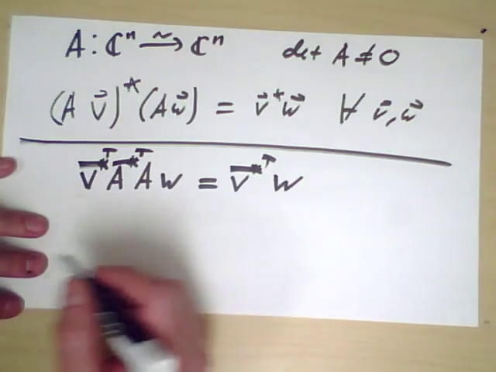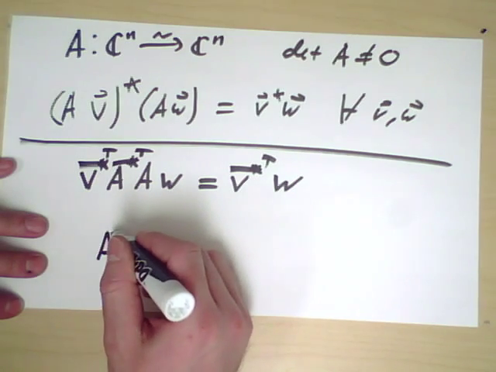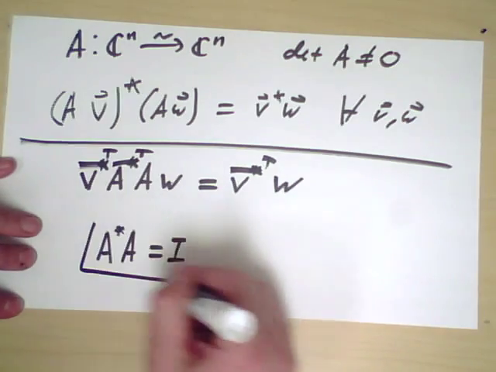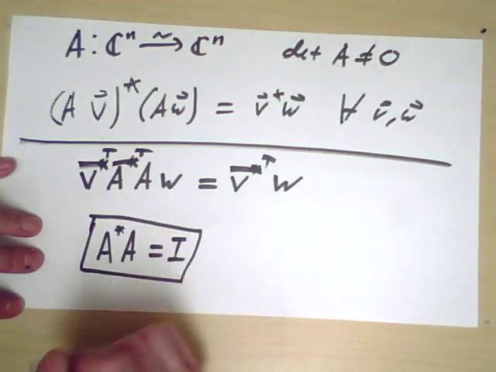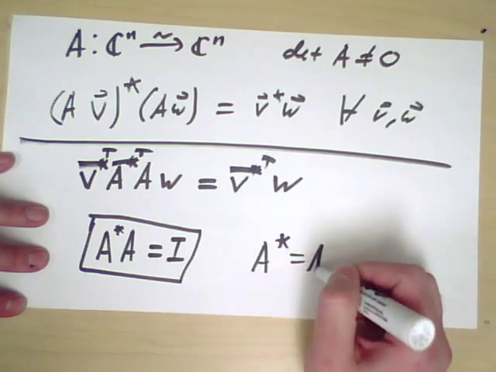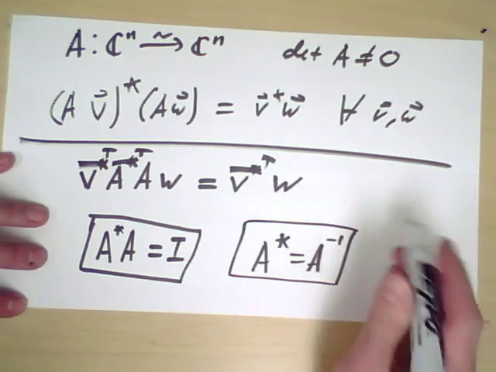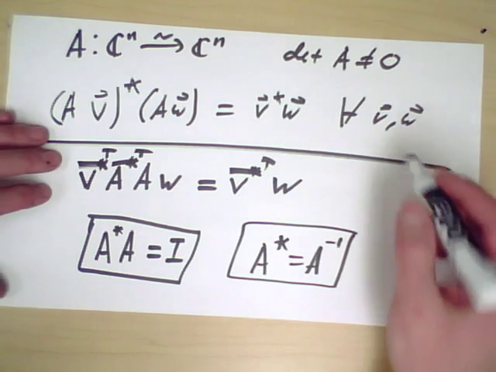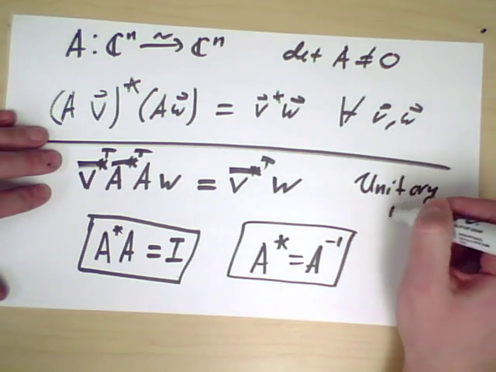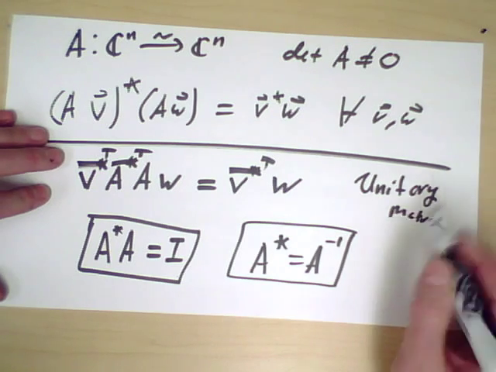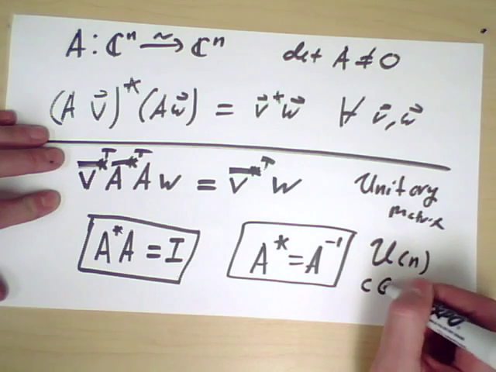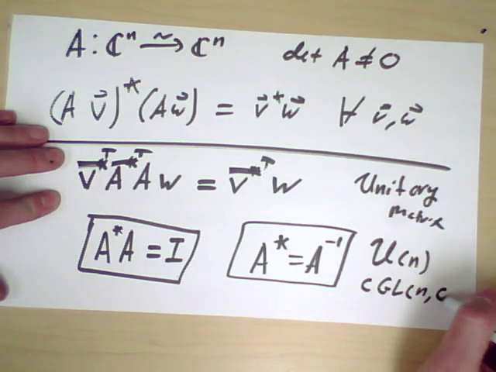And by choosing the appropriate basis vector, we conclude that A star A is the identity. The same argument as before using the standard basis. Therefore, A star is equal to A inverse. Such an A is called a unitary matrix. And these matrices are called Un, sitting inside GLn over the complex numbers.